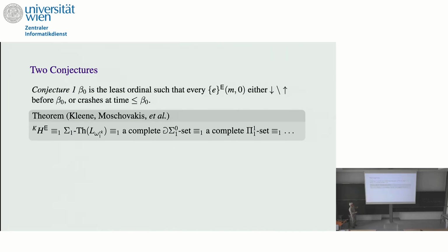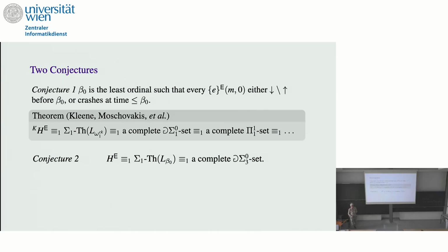What this means is you take a recursive listing of all the sigma 0 1 games, open games, present them recursively, and you look at those games that are won by player 1. That's the complete G sigma 0 1 set. And that's recursively isomorphic to all of these things. So there's one of this big list of things in Kleene's O.